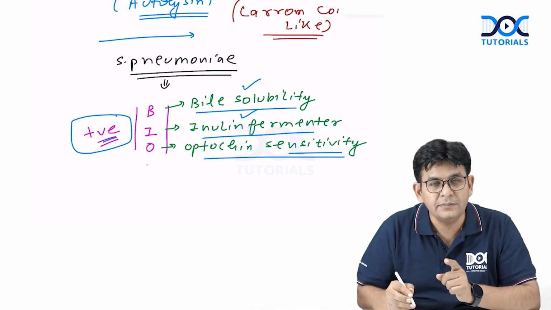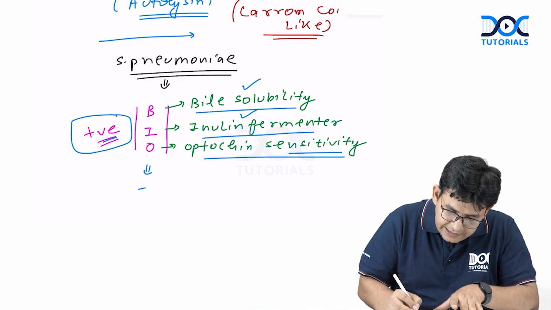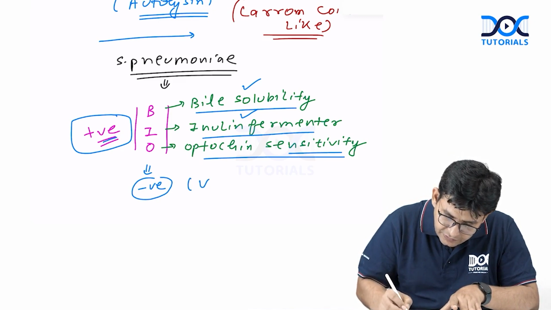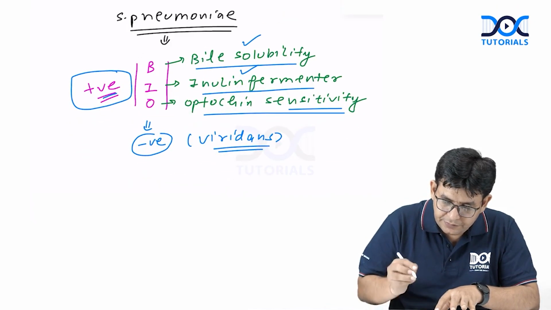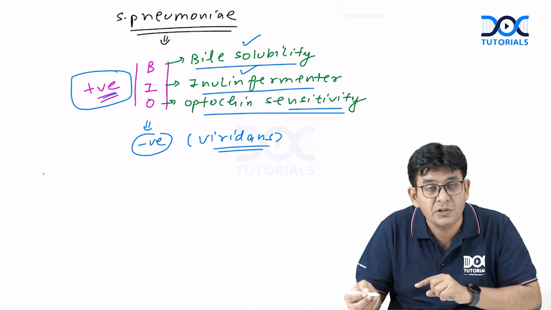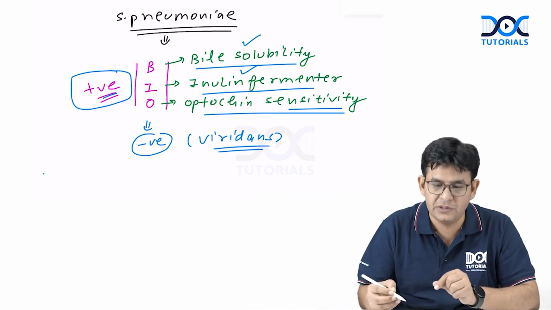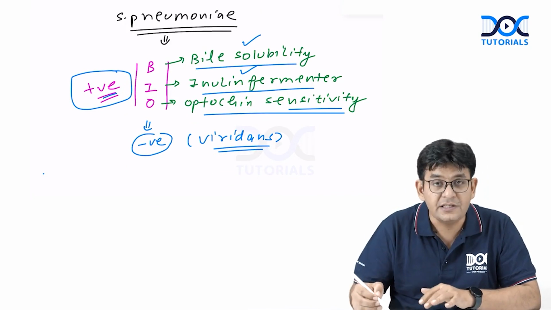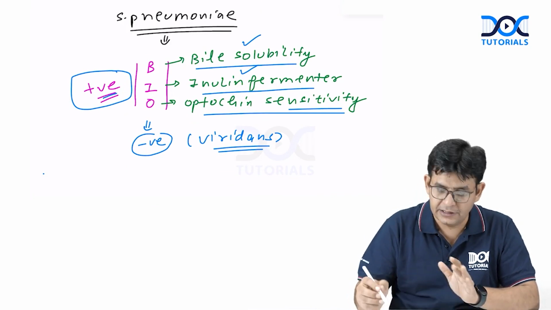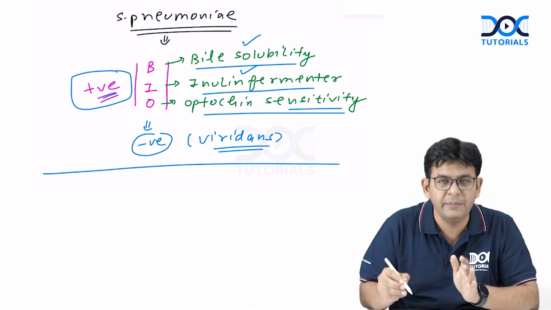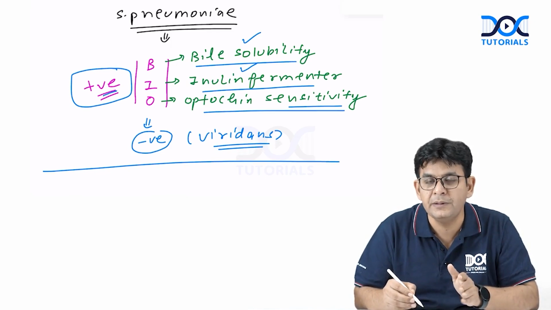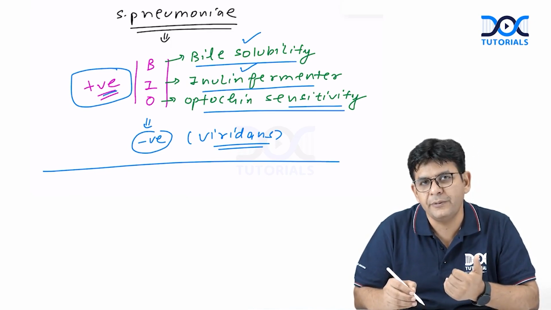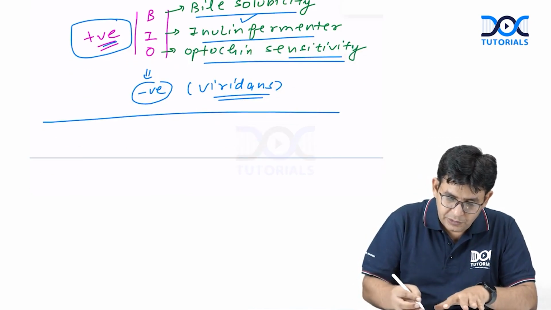And now you understand what I've told you: bio-negative is for viridans. Viridans is bile insoluble, inulin non-fermenter, optochin resistant. That is the logic of these biochemical reactions, which we remember by the mnemonic BIO. Is it fine? So this you need to know.